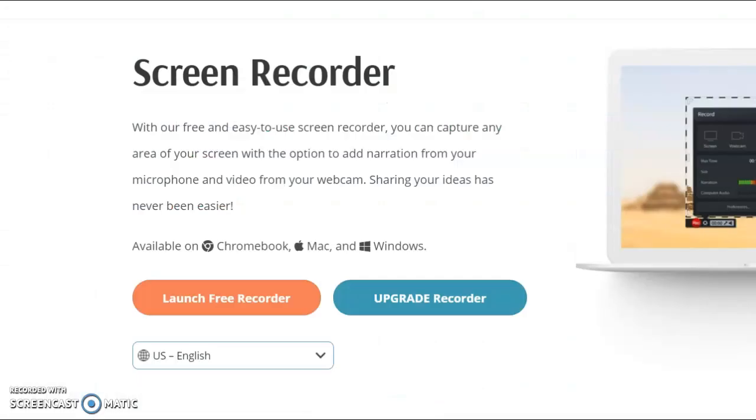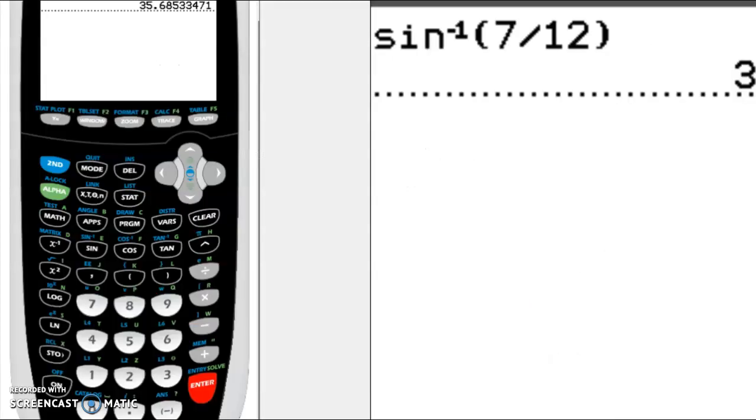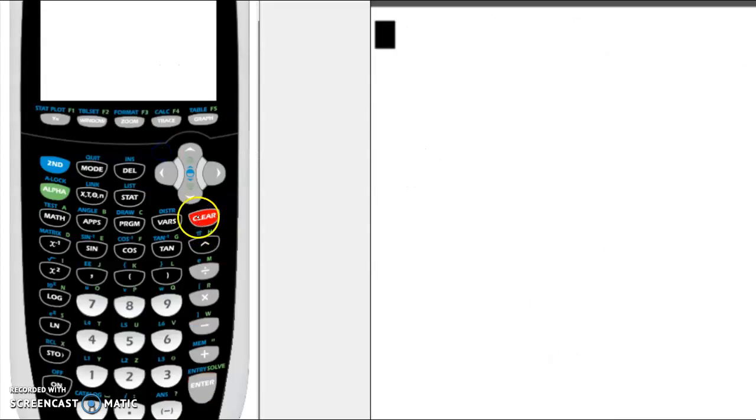So if you put this in your calculator, you hit your second button, and then tangent, you have tangent to the negative 1, and then 7 divided by 20.